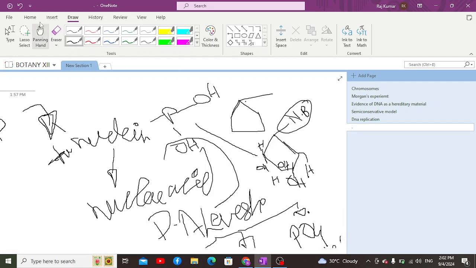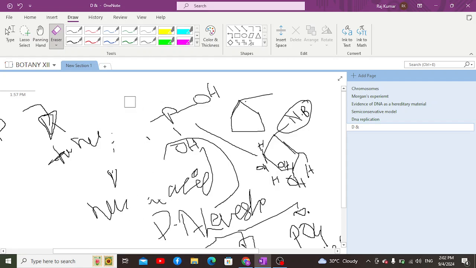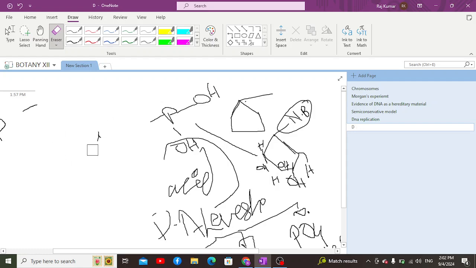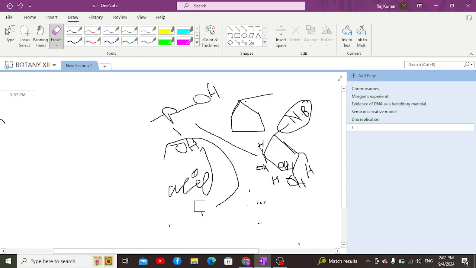This is the actual structure of the phosphoric acid which is attached to the DNA.